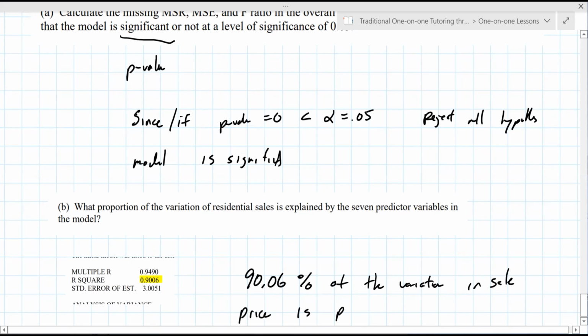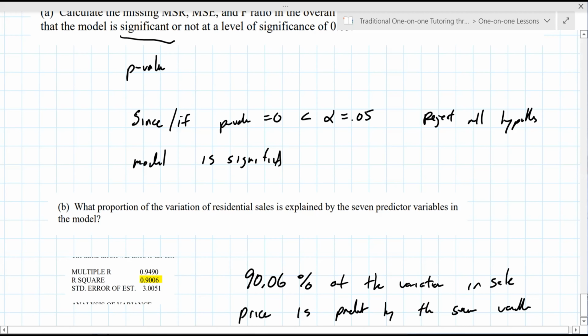is predicted by the 7 variables, which is pretty good. 90% of the variation in the sale price, or the value of the home, is predicted by these variables.